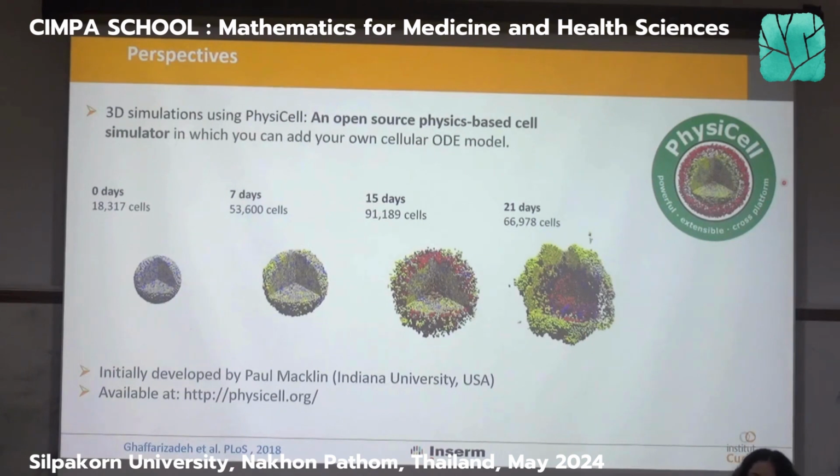This was originally developed by Paul Macklin, who is now at Indiana University in the US. This is a framework that is available for everybody that will basically provide you with the code, mainly C++, where you can run 3D simulations, and you can put your ODE model inside each cell.